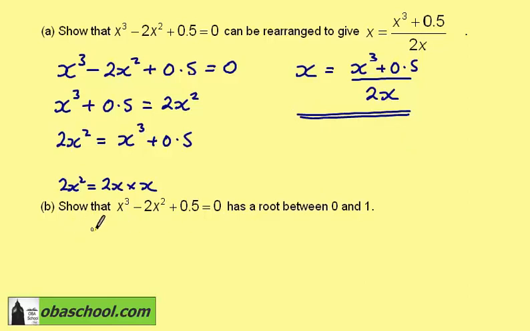We now want to show that x cubed minus 2x squared plus 0.5 equals 0 has a root between 0 and 1.